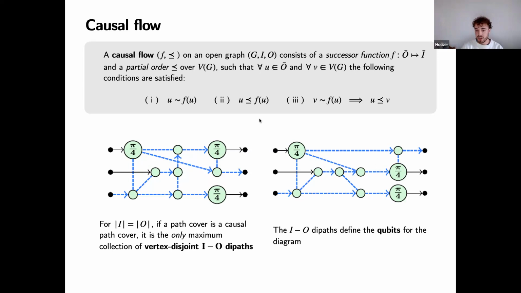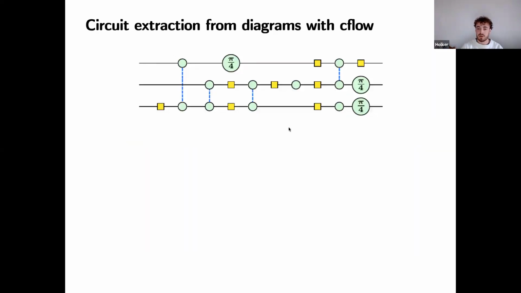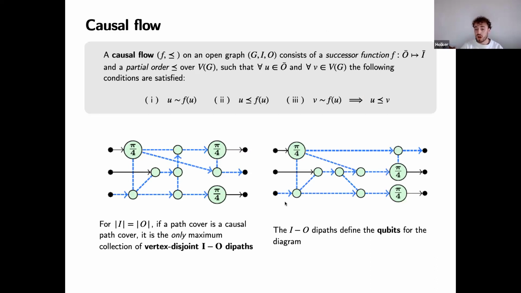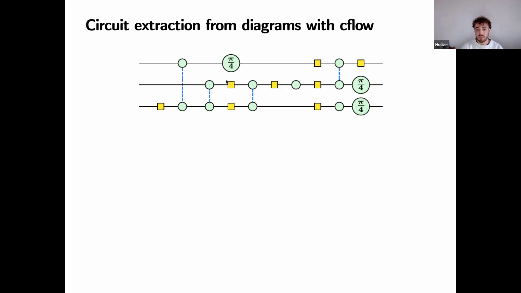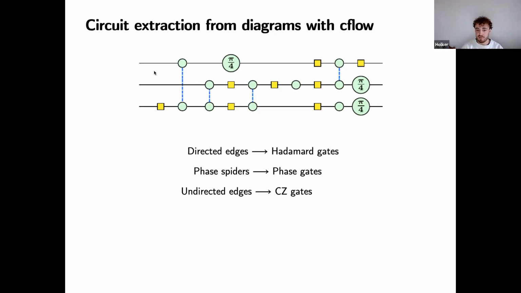So this diagram would be pulled out into this structure, where the number of undirected edges is the number of 2-qubit gates that get pulled out. And what this means is that you can directly calculate from your graph-like ZX diagram how many 2-qubit gates your extracted circuit will have, just by looking at the number of edges, the number of vertices, and the number of inputs.